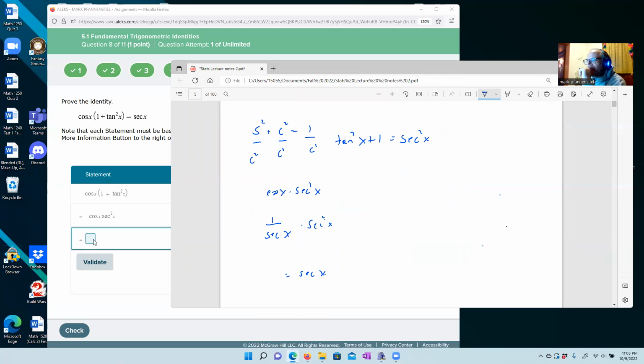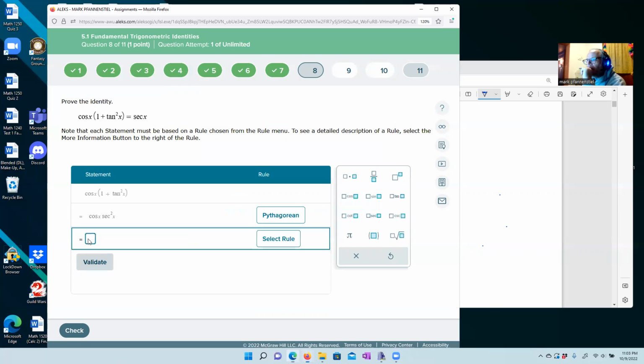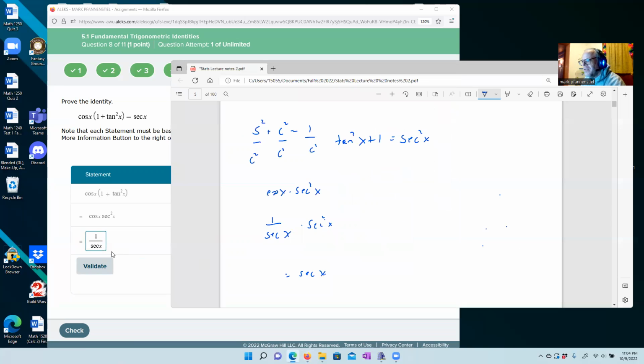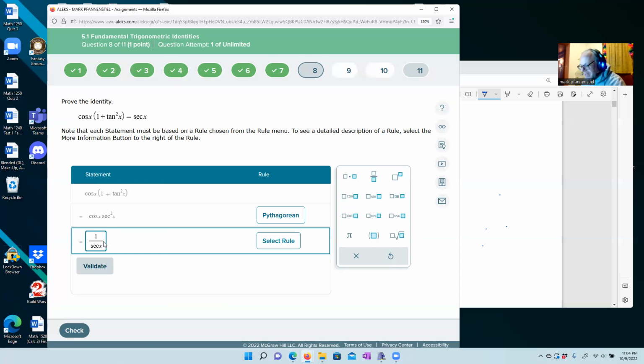So now I'm going to say this is going to be 1 over secant. So this is 1 over secant x. Okay, and part of the reason I don't mind doing this for this section especially is because in the past, students have told me that this has been an incredibly frustrating experience, and I can appreciate that.